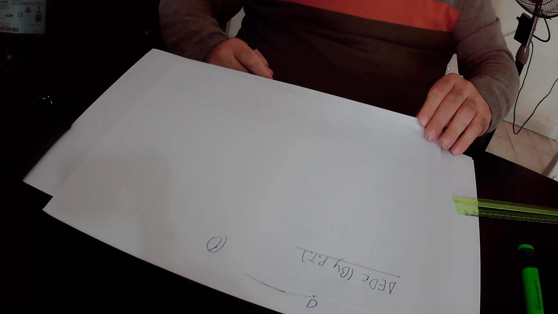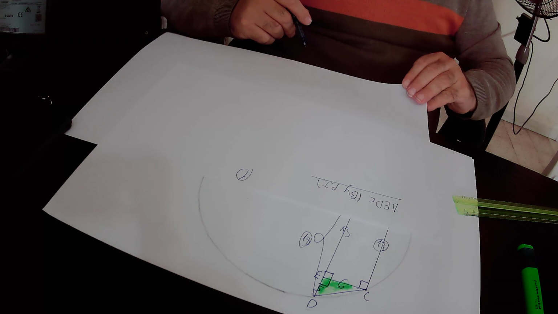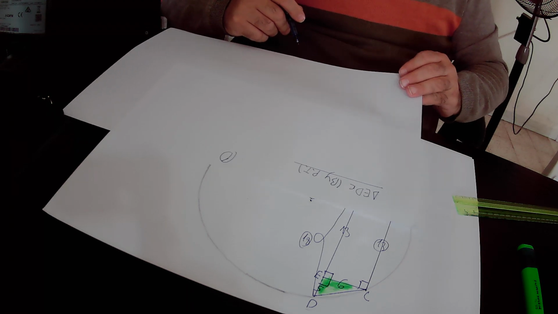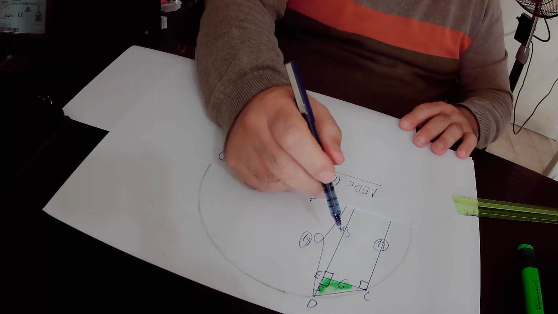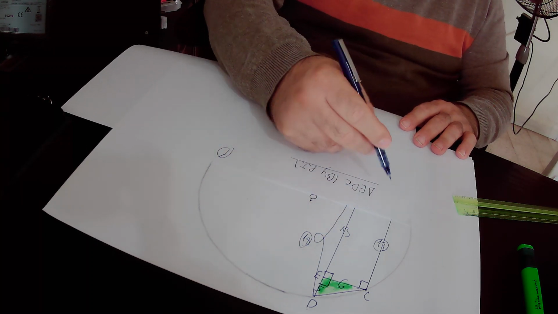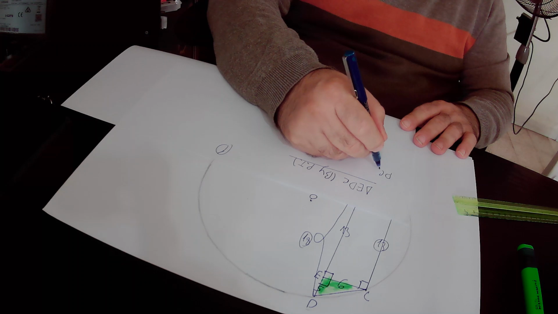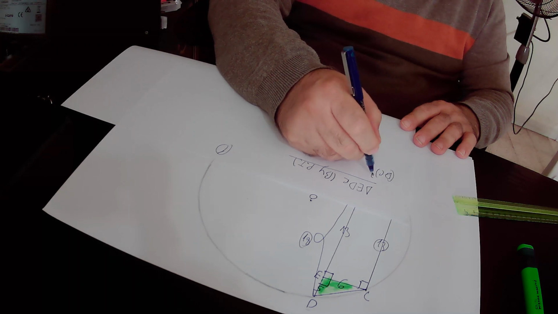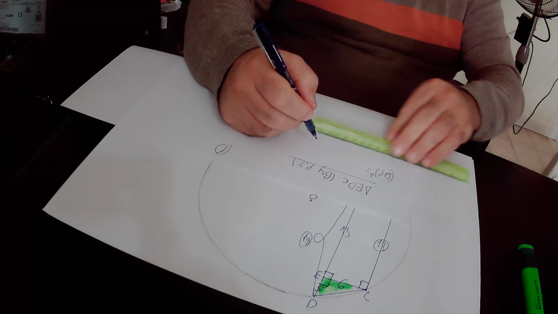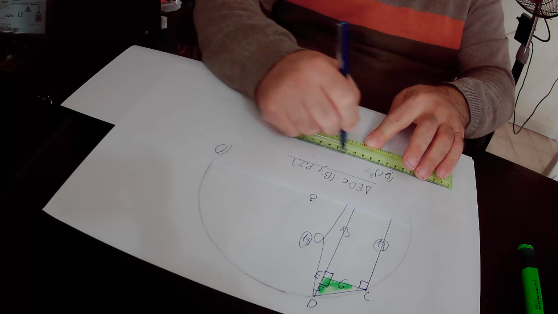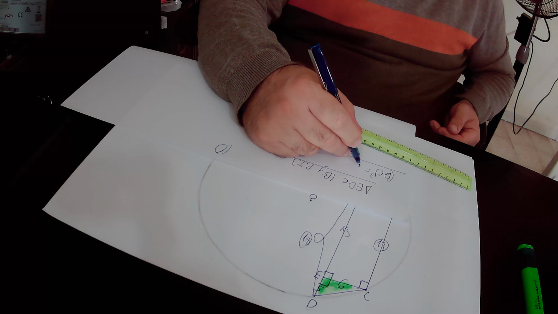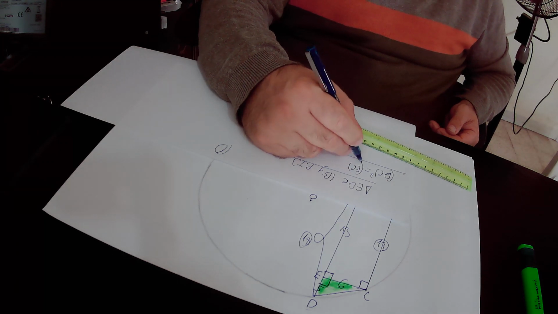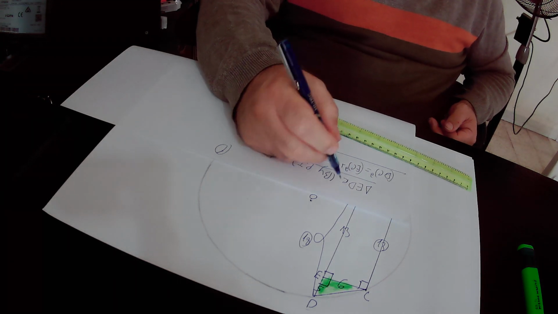According to the Pythagoras theorem, in any right triangle, the square of the hypotenuse equals the sum of the squares of the perpendiculars. The hypotenuse in the right triangle EDC is DC, therefore the square of the hypotenuse is DC squared, and it must be equal to EC squared plus ED squared.